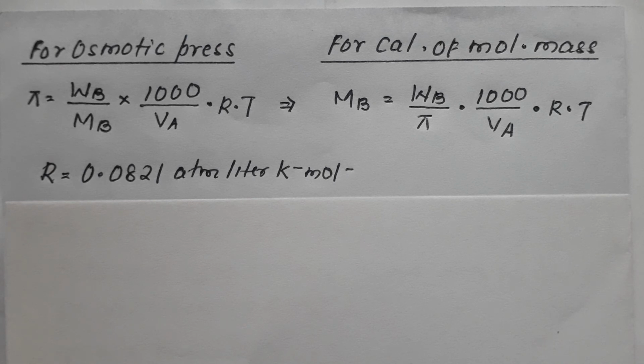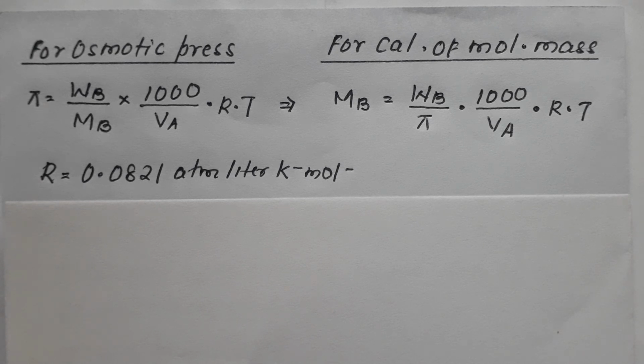So in this video we have discussed the factors that affect osmotic pressure. Osmotic pressure is affected by three factors: concentration, volume, and temperature. Pi is directly proportional to C, pi is inversely proportional to V, and pi is directly proportional to T, and based on this we have achieved the equation pi is equal to m into R into T. Right now I have not utilized the Van't Hoff factor in these equations.